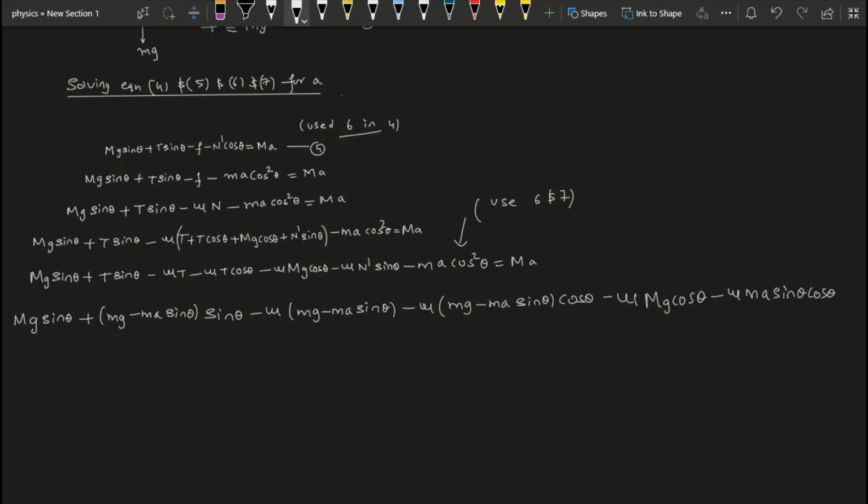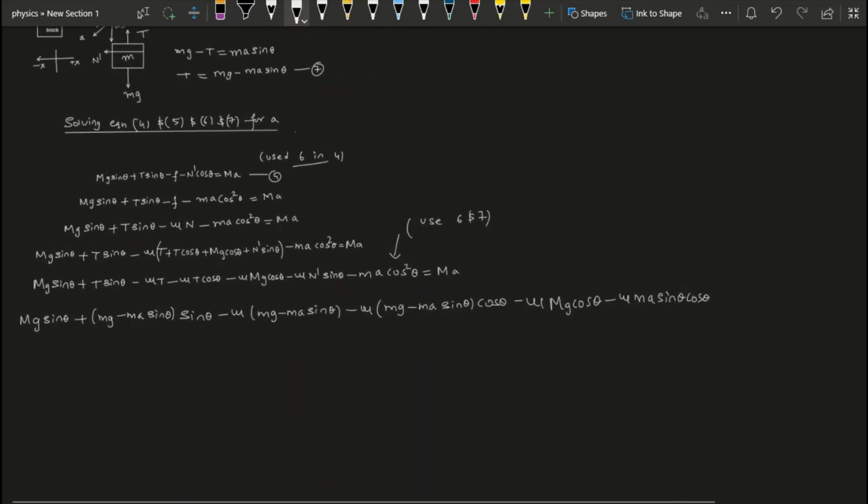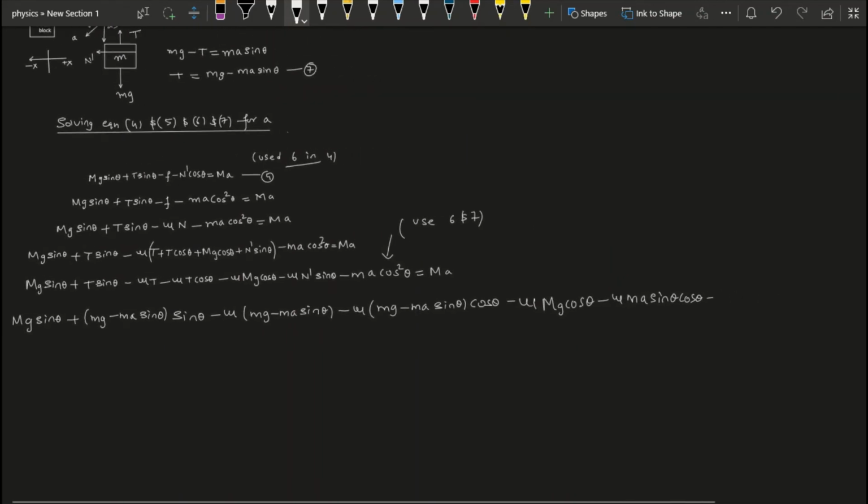Minus, again it becomes tedious, we have to decrease this, minus ma cos square theta is equal to capital M into a. We have to simplify this and we have to cancel the terms that are going to get cancelled in a beautiful manner. See here, so capital M into g into sin theta.